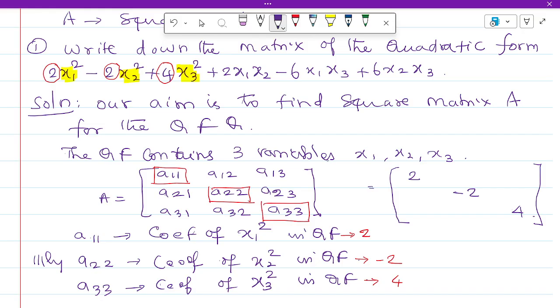Okay. Now, come to the next one. The next one is the positions A12 and A21. Here it is A12 and A21.